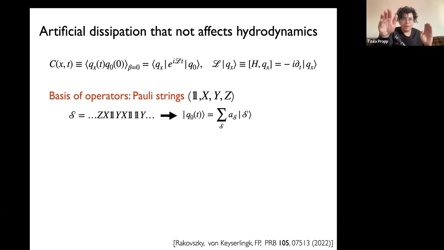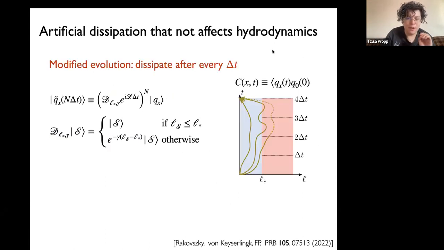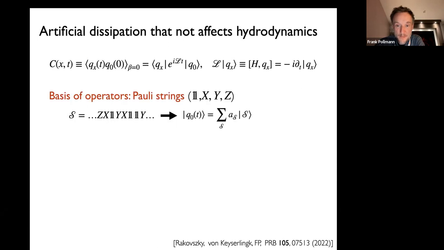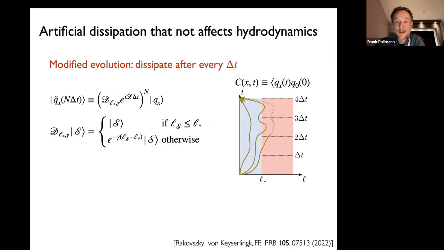Was that the wandering off? Yeah, exactly. So the intuition is exactly this one. I'm in the operator space, and so let's go back one more. Now I'm just expanding my operator in terms of these Pauli strings.